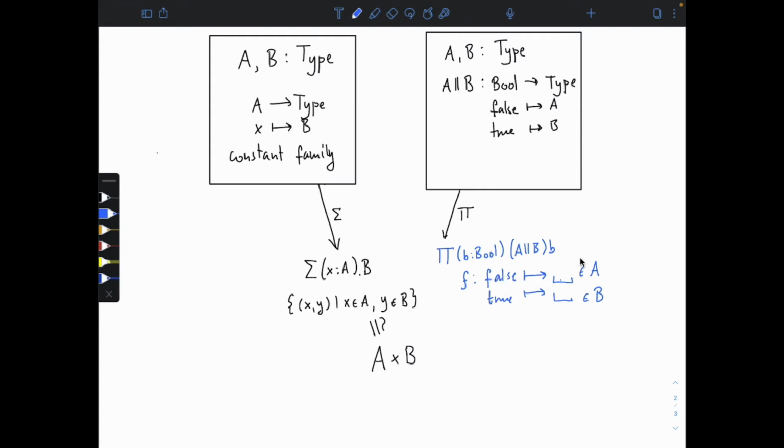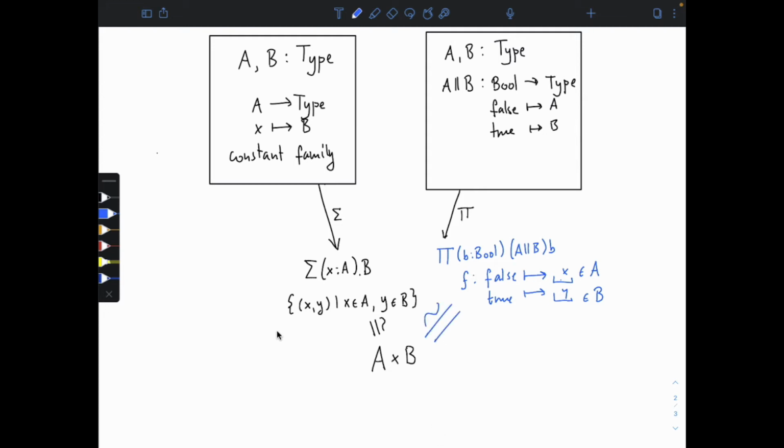False is mapped to something in A, true is mapped to something in B. But you see that that's the same information as an ordered pair. To say I have x in the first position and y in the second position is the same as to say I map false to x, true to y. Yes?